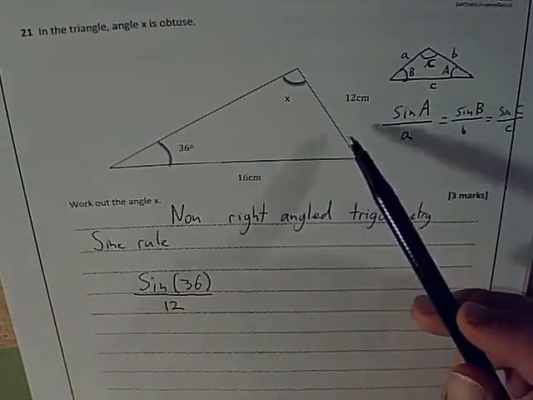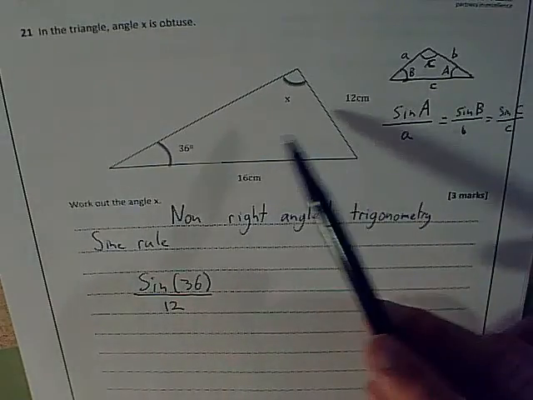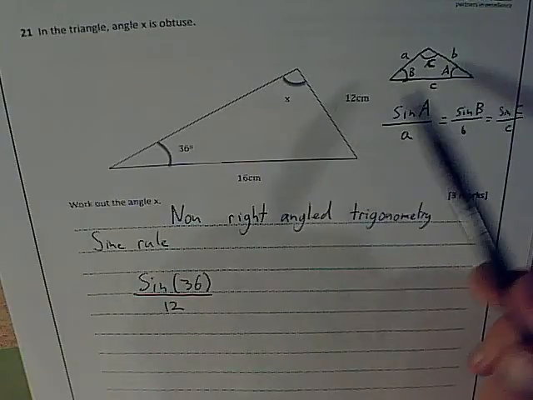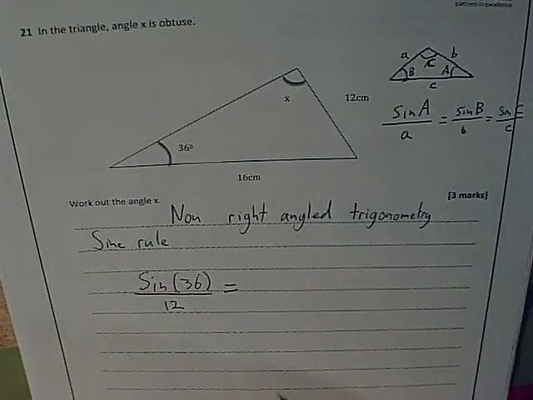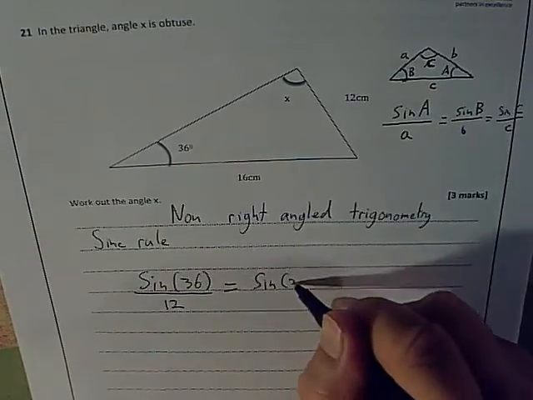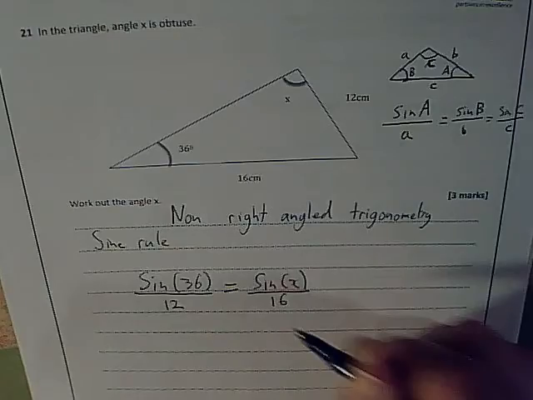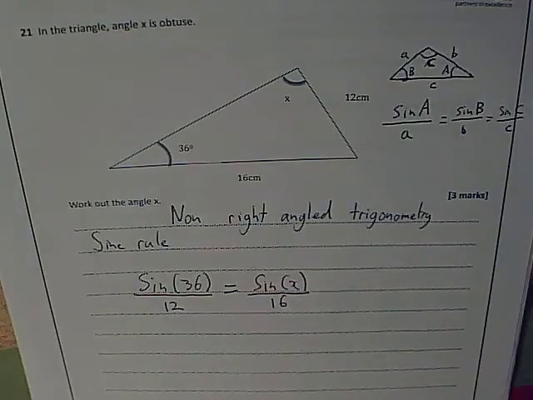Okay, so that's like sine of B over B, if you look on this diagram, equals the sine of x over 16. And I've got enough information here to be able to rearrange this and work out what it is.